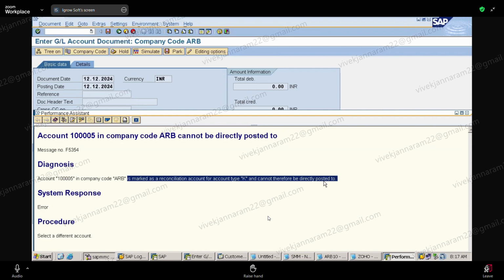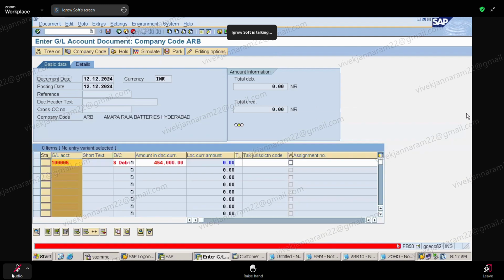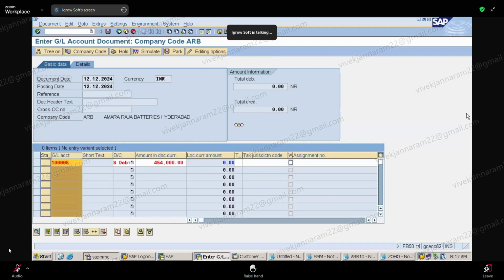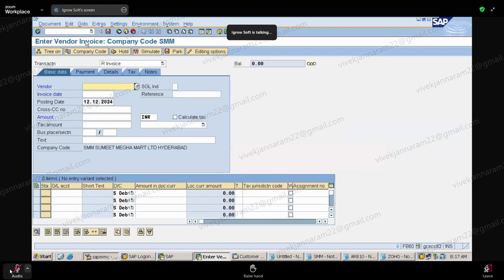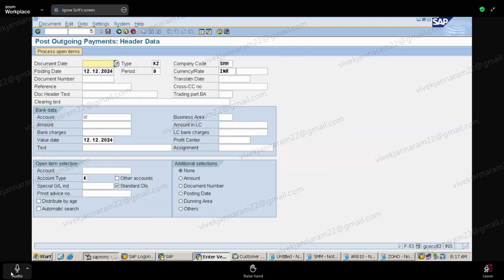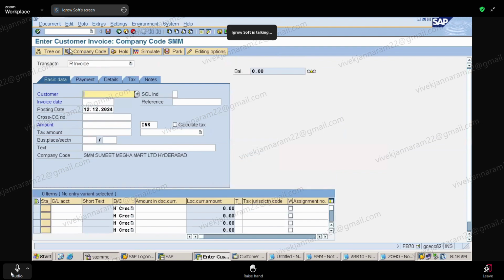For subledgers we have separate screens like FB50: FB60 and FB70. This is FB60, vendor postings, where you post in the subledger. FB70 is the customer subledger.